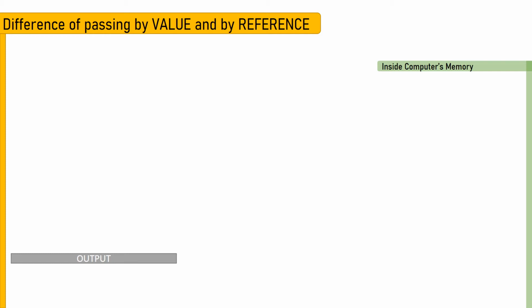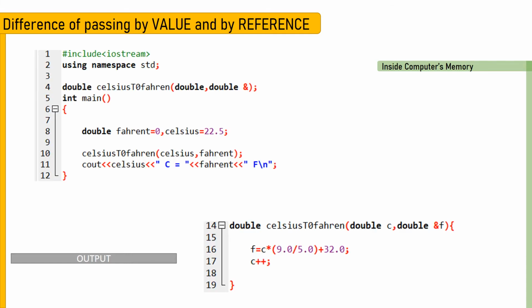Here is another coding example to help you understand better the difference between pass-by value and pass-by reference.